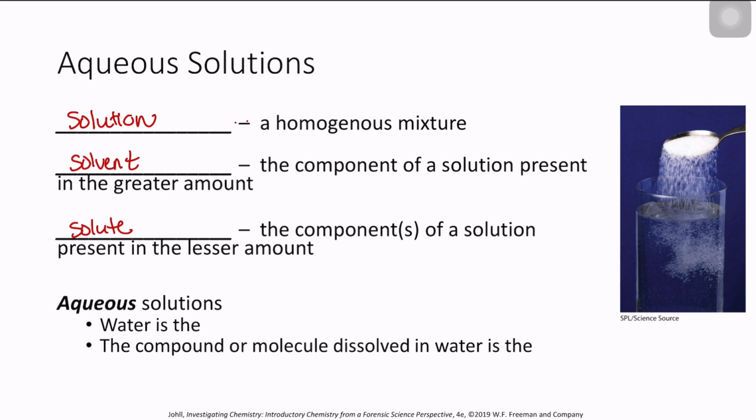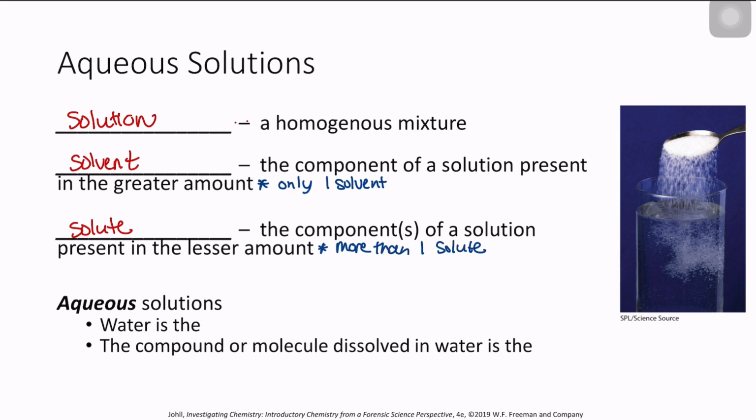For the solutions we are going to find in this class, there is only one solvent in a solution. So that doesn't mean that there's only one solvent possible. It just means that if you have a solution, only one solvent can be there. Now, if you have a solution, you can have more than one solute.